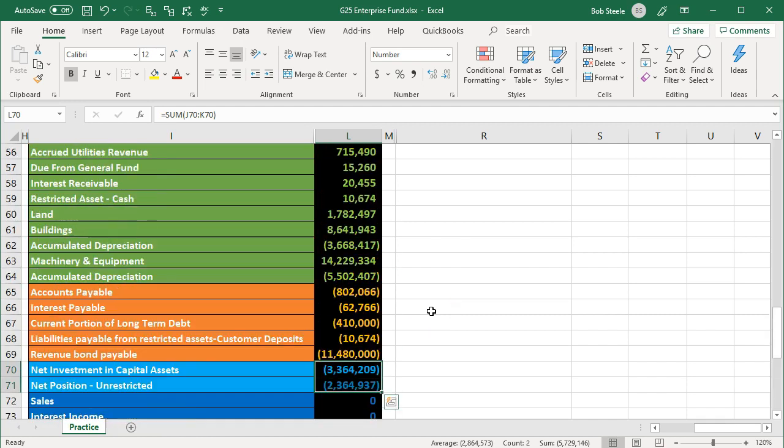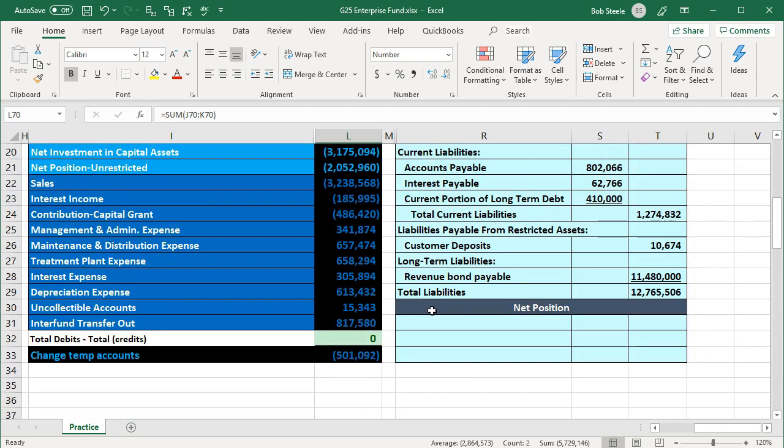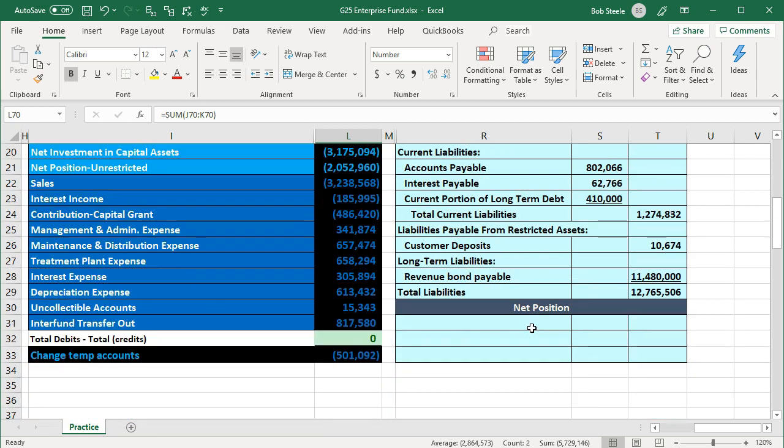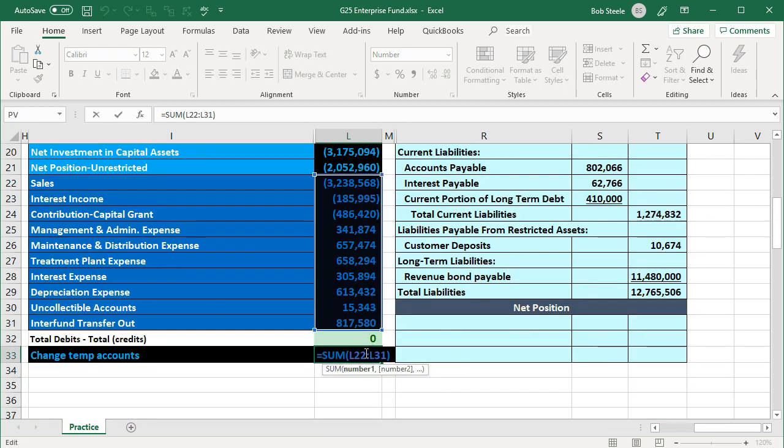So if we think about that, then we could say, okay, we know the total net position. And now I would rather think of the net position in the balance sheet, so we can kind of check it here and then record the income statement portion of it, which is going to be the temporary activity in the dark blue accounts.